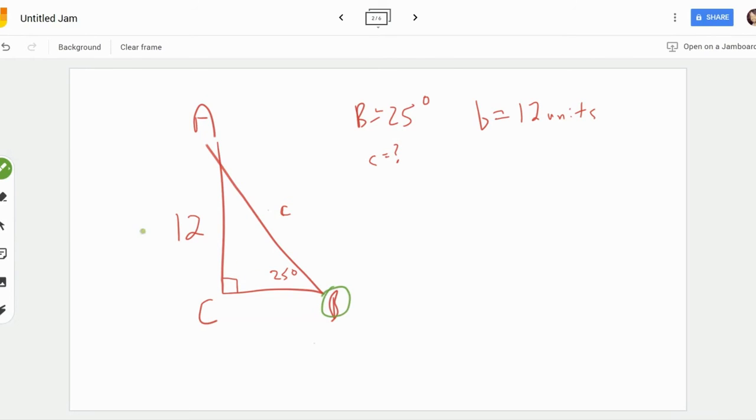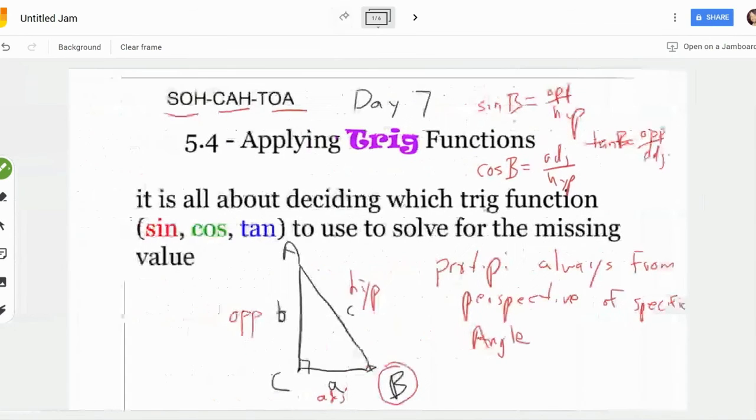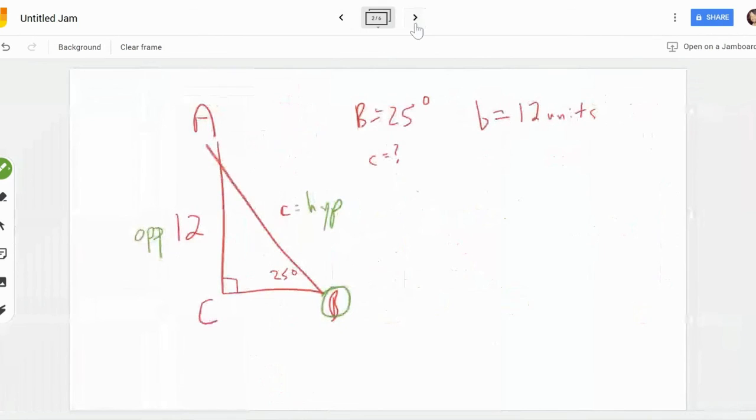So I have B, I have B's opposite side, and I'm trying to find the hypotenuse. So which trig function uses opposite and hypotenuse? That's sine. We'd have sine of B, which is 25 degrees, equals opposite over hypotenuse. So that's 12 over c.